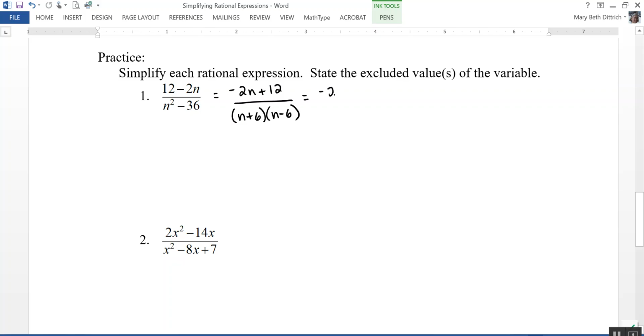I'm going to factor out a negative 2, and that's going to leave me with n minus 6 over n plus 6 and n minus 6. And I have common factors of n minus 6, so those will cancel each other out, and I'm left with negative 2 over n plus 6. And my excluded values are that n cannot equal a positive or a negative 6.